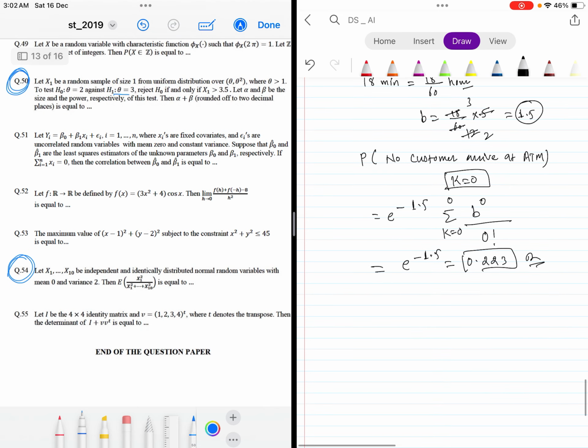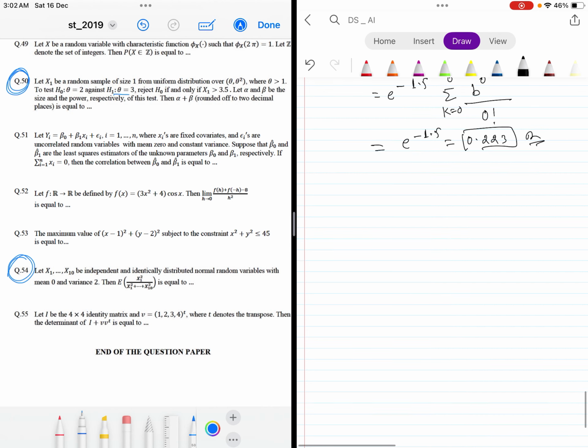Okay, let's do one more question, question number 54. We are given that X1 to X10 are independent and identically distributed normal random variables, all with mean 0 and variance 2.